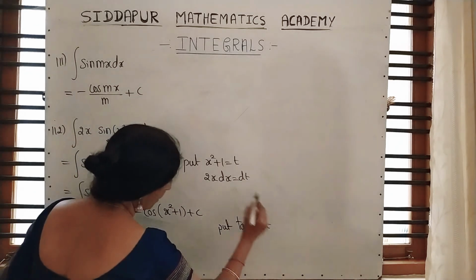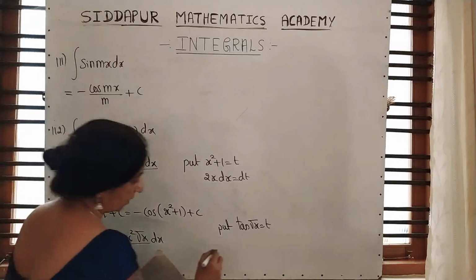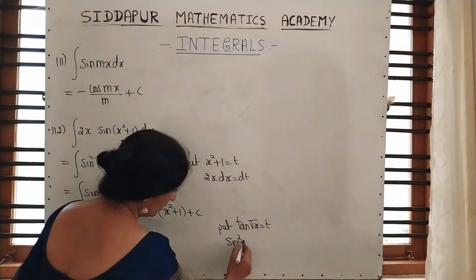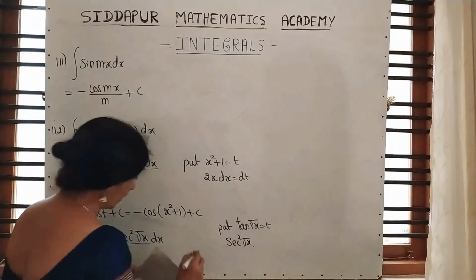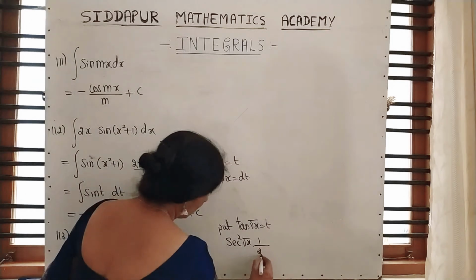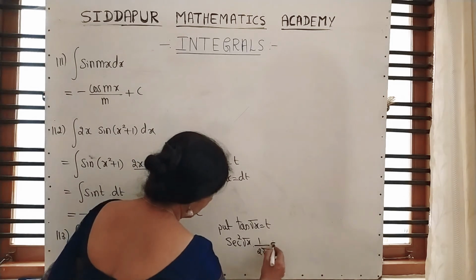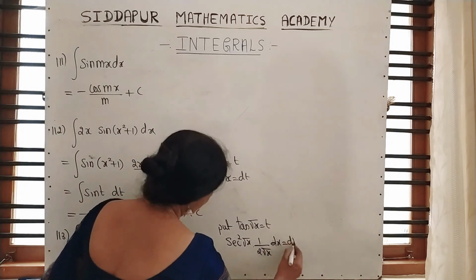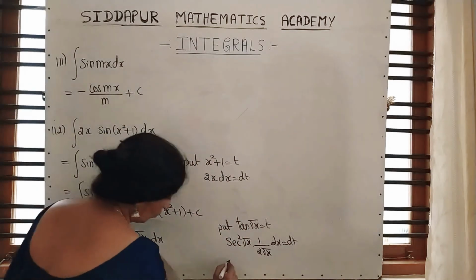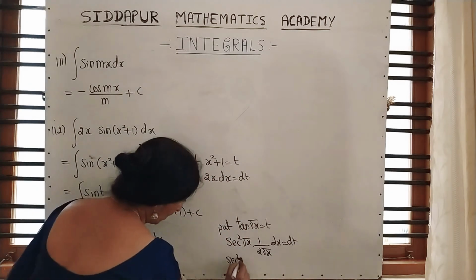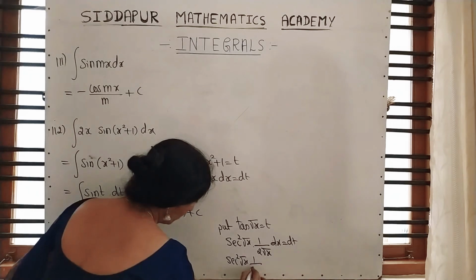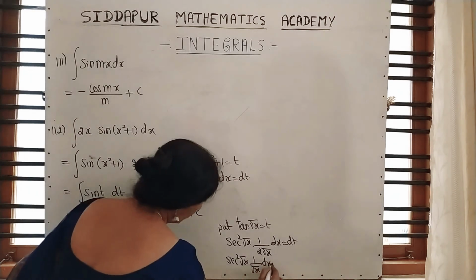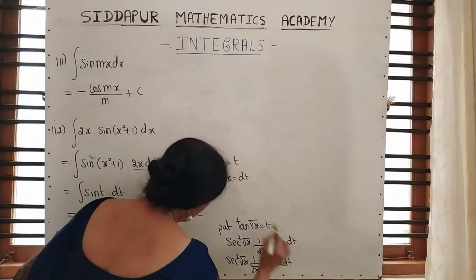Are you familiar with the differentiation of tan root x? Yes. It is secant square root x. Differentiation of root x is 1 by 2 root x into dx is dt. But this 2 we don't want. So it is secant square root x, 1 by root x into dx is 2 into dt.